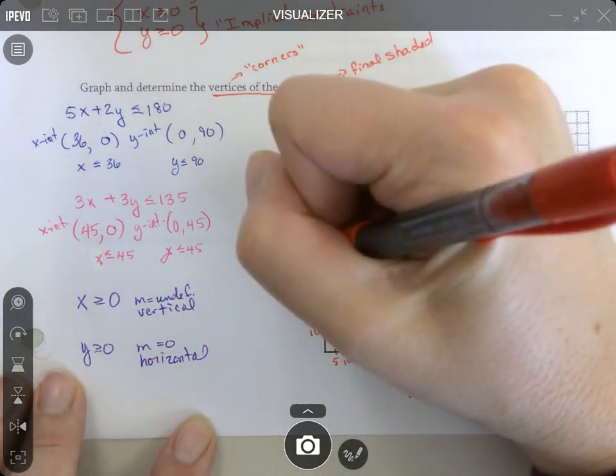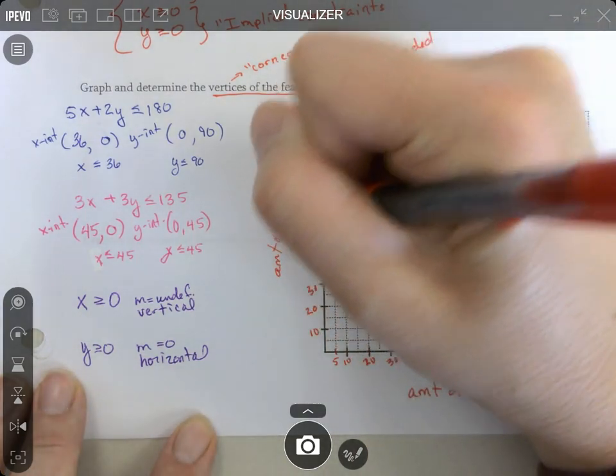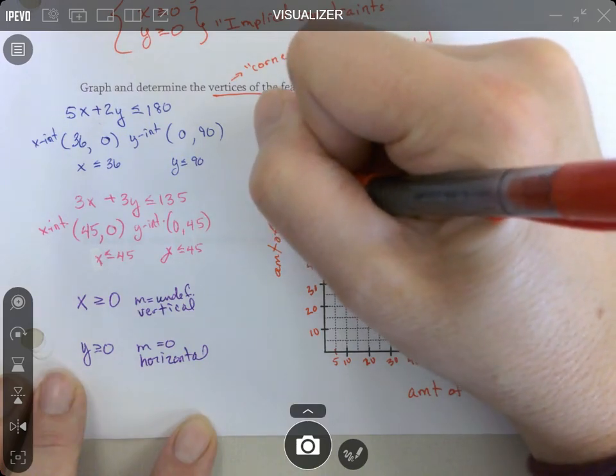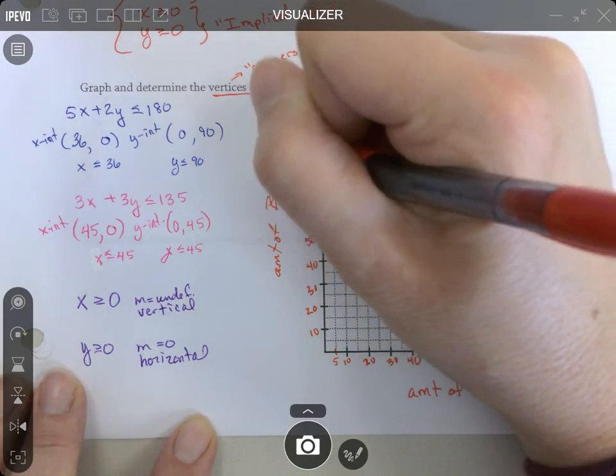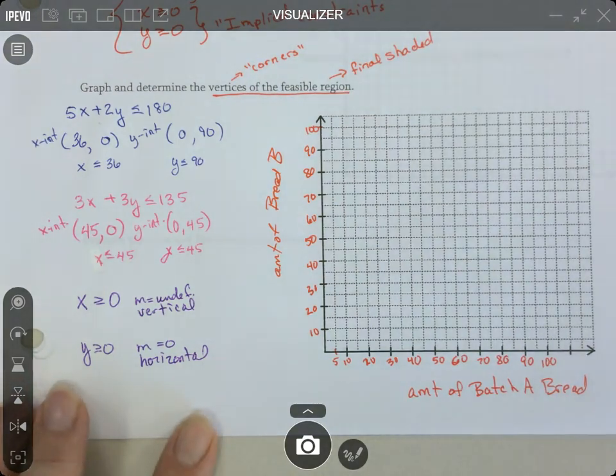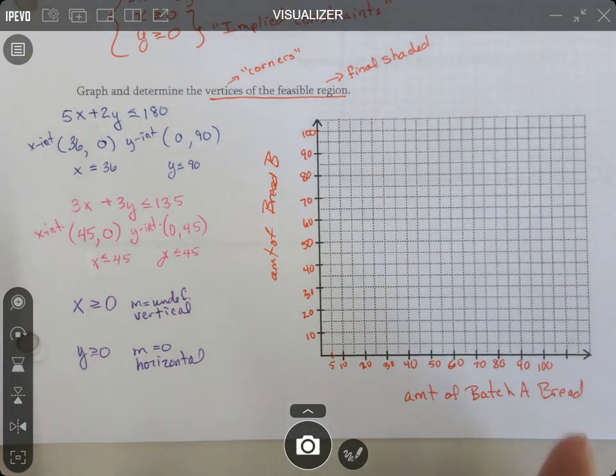Okay, and this would be amount of, I'm just going to say bread B. Like how many batches of each thing. I guess it's not how many, it's the batches. So we don't actually know how many loaves of bread, we just know how many batches they make.